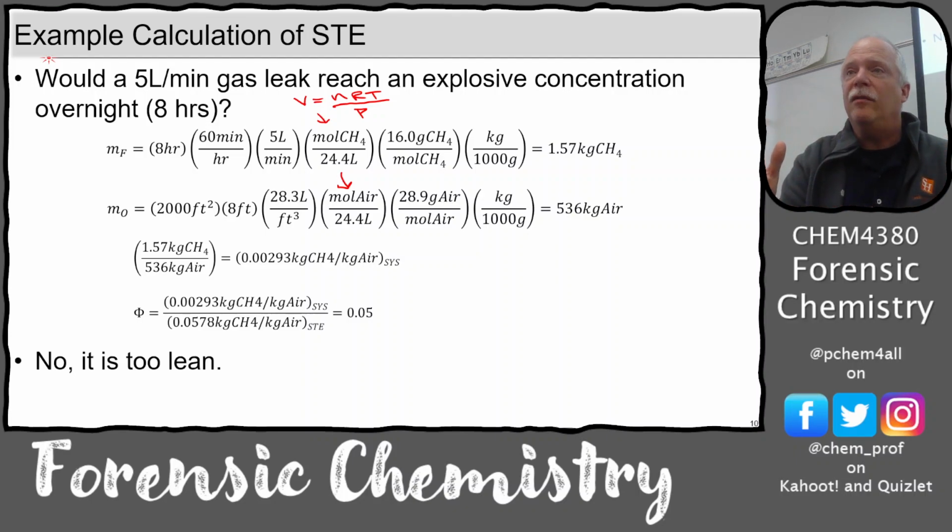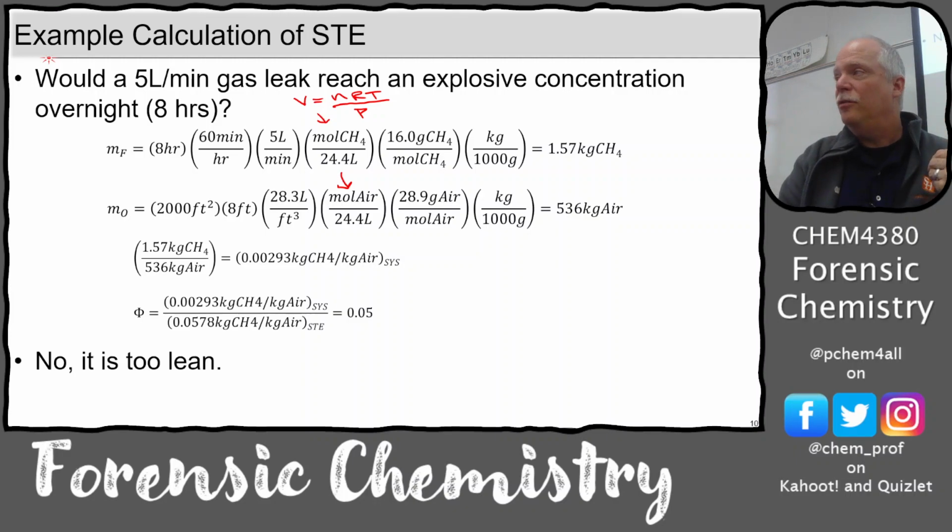Now, if we had waited a really long time, let's say we had this gas leak in an abandoned house, and it goes way past the stoichiometric amount. Let's say it was 1.95. So it would be all the way on the other side. It would be too rich to explode. You have way too much fuel, not enough oxygen, so it's not going to explode.